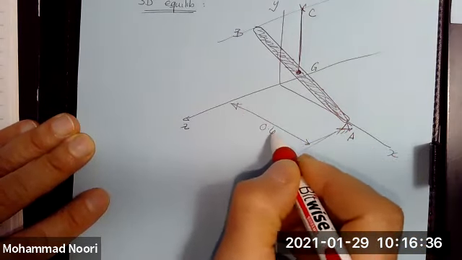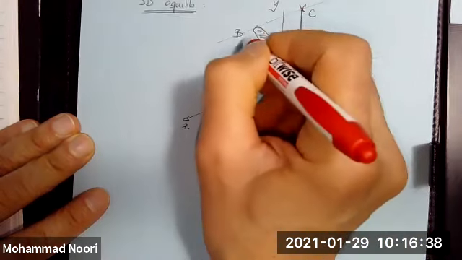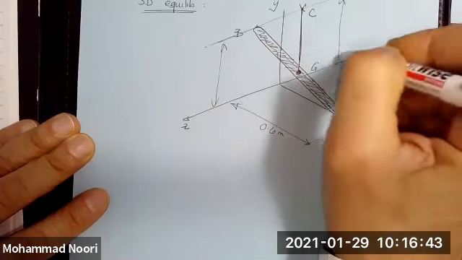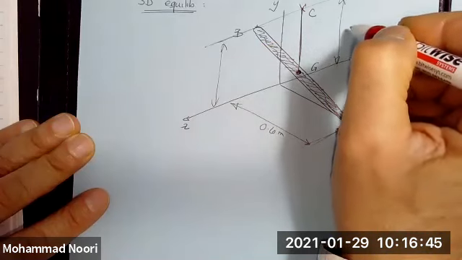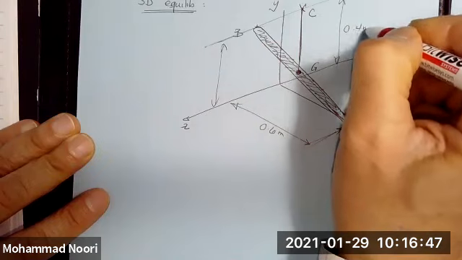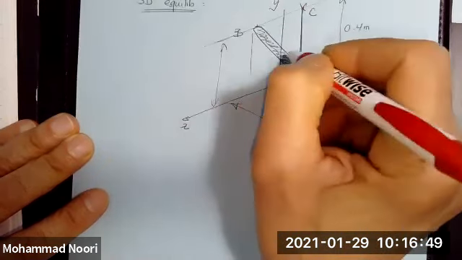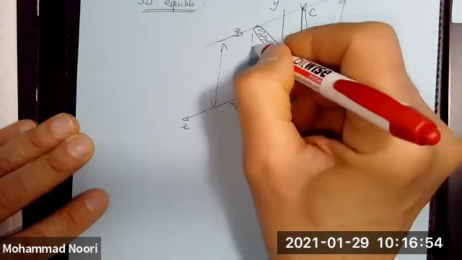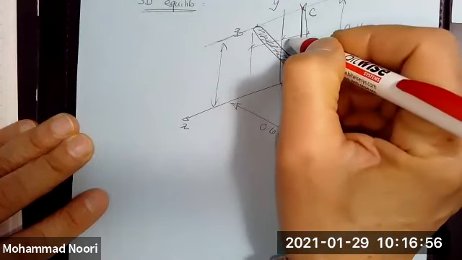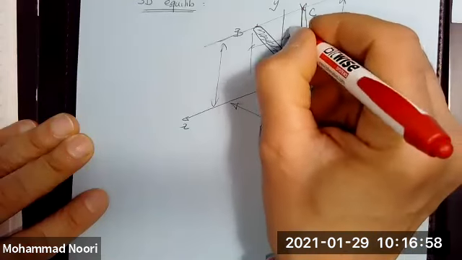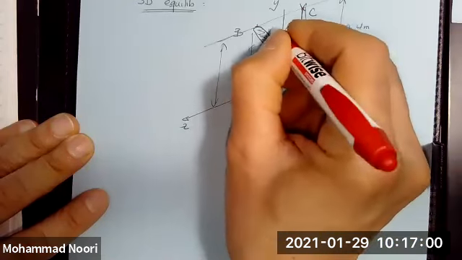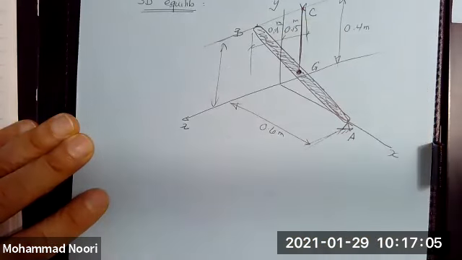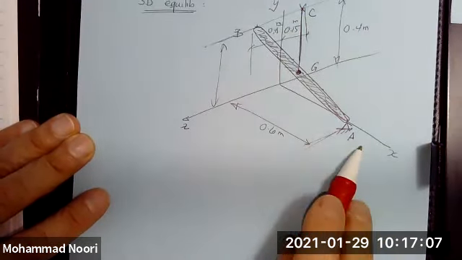This is 0.6 meters. Points B and C are both at a height of 0.4 meters, and the distance from the y-axis for both of them is 0.15 meter. And G is in the middle, okay?